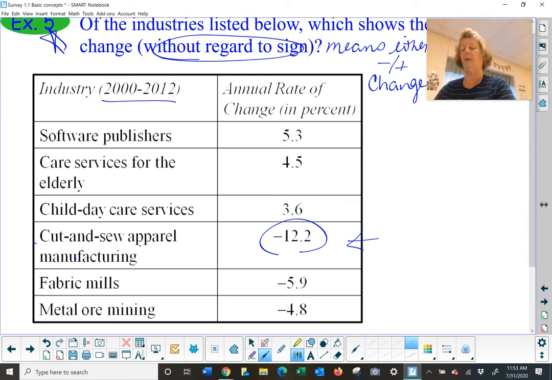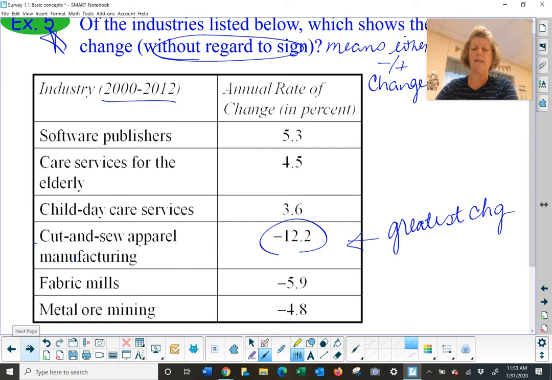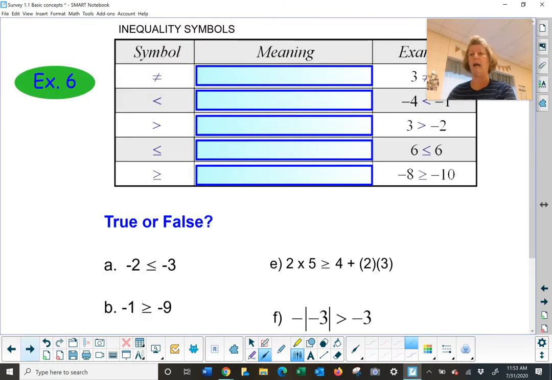But the greater change. So greatest change. On the test, just be sure to read it carefully because I can't remember if it says without regard to the sign. It may ask just what is the largest change, then I'd want the positive change.